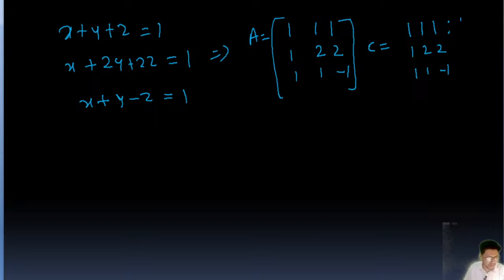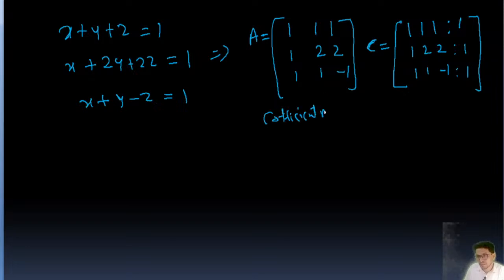The extra column is 1 1 1, okay. So this matrix is called the coefficient matrix, and this matrix is called the augmented matrix, okay.